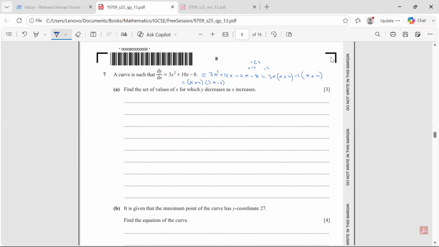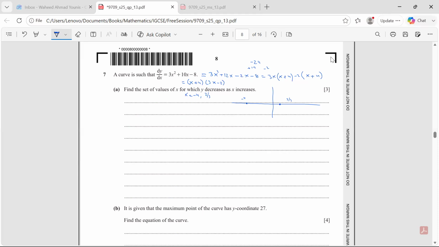It means this polynomial function, if I try to sketch it, is 0 at x equal to minus 4 and x equal to 2 by 3. At these values, the derivative is 0. So this polynomial function passes through these 2 points. Either it is positive in this range or it is negative in this range.